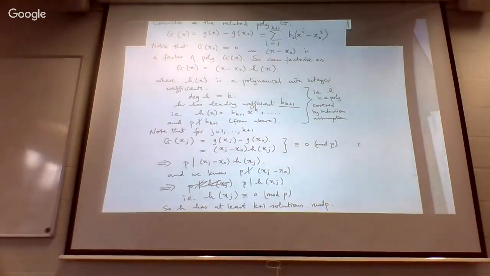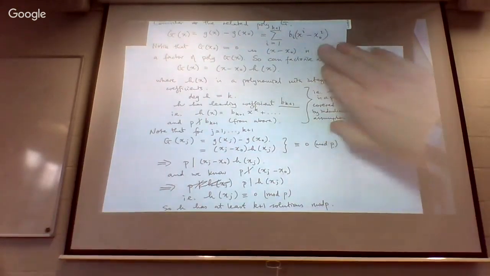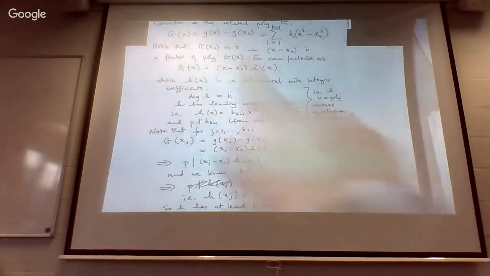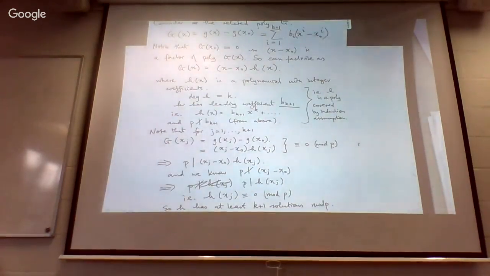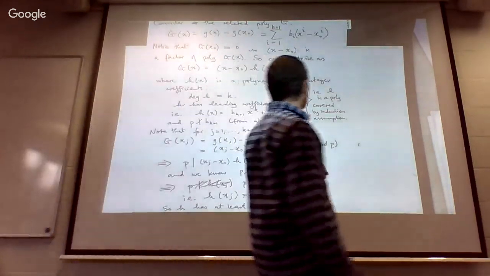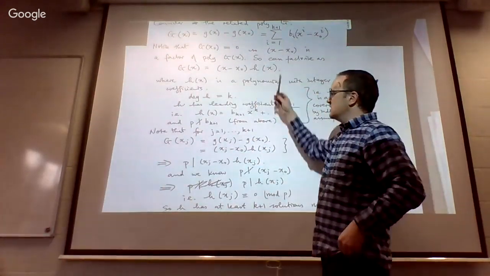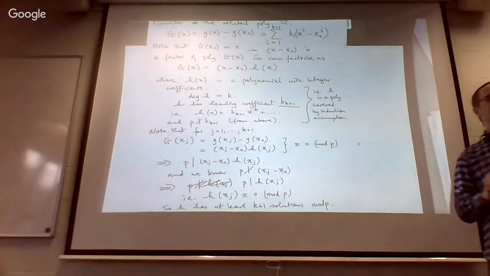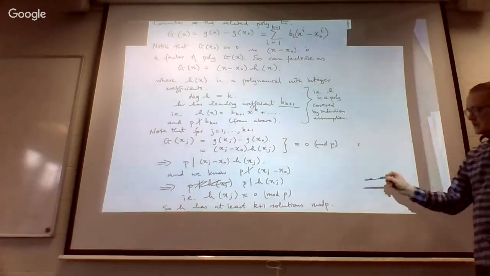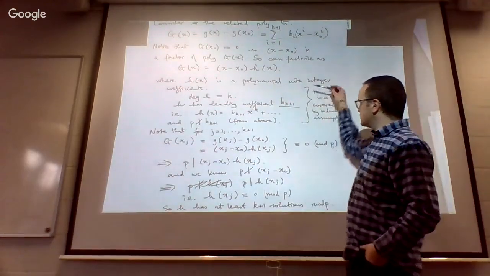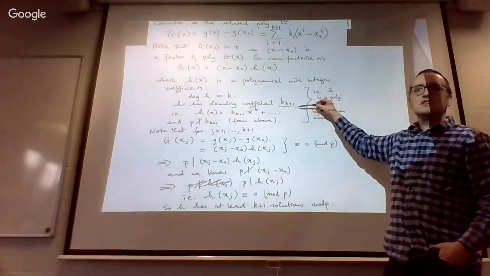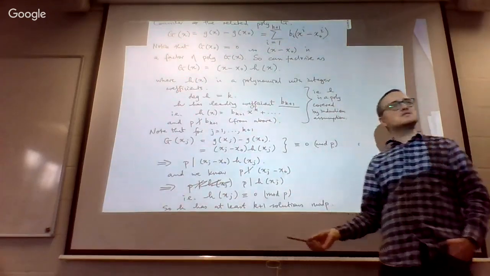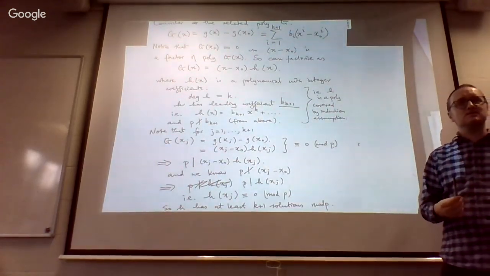That looks very troubling because further up the page, when we began the induction part of the proof, we assumed that every polynomial of degree k with leading coefficient not divisible by p had at most k solutions. But here suddenly we've got in front of us such a polynomial h, which has at least k plus 1 solutions. It has too many solutions.